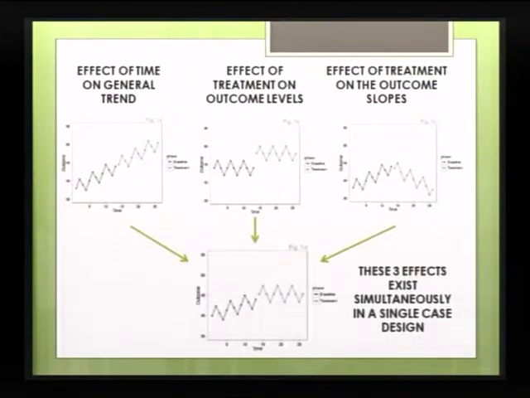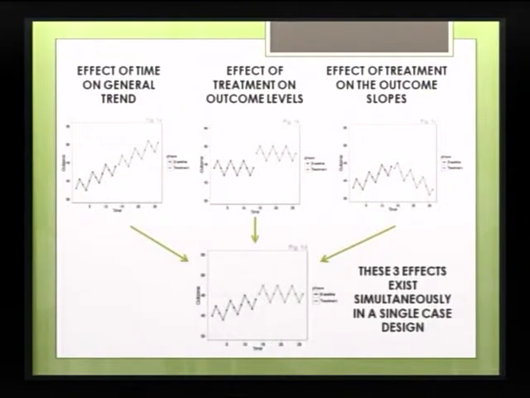As you can see in the first picture, this is the effect of time on the general trend. In this case, the shape that we can see in the graph is just the natural shape of that behavior over time.